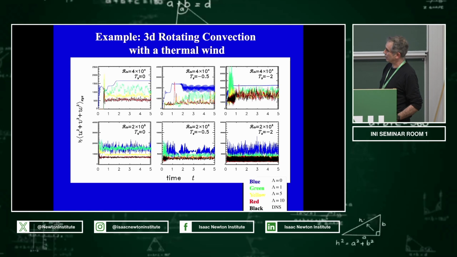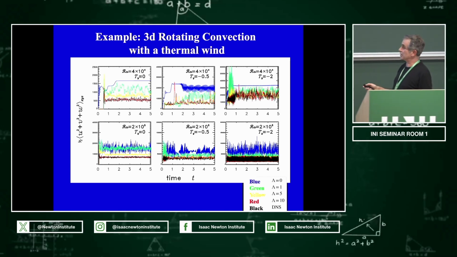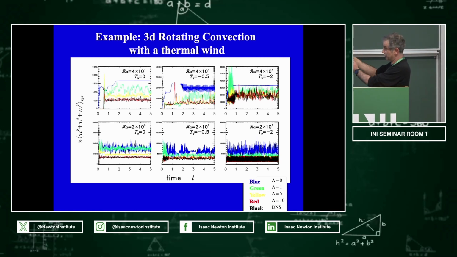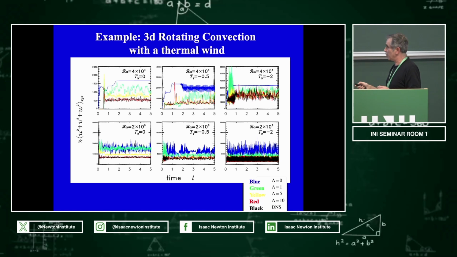This is just rotating convection, and we're going to do the quasilinear approximation, where we put the cutoff between mean and fluctuations at wave number 0. Then we're going to do different flavours of the generalised quasilinear approximation, moving the cutoff to larger and larger wave numbers, smaller and smaller scales.